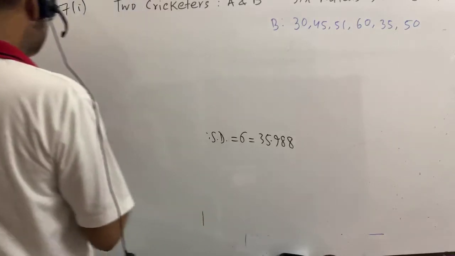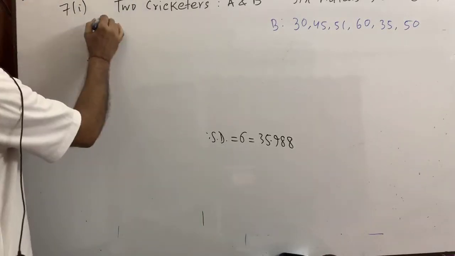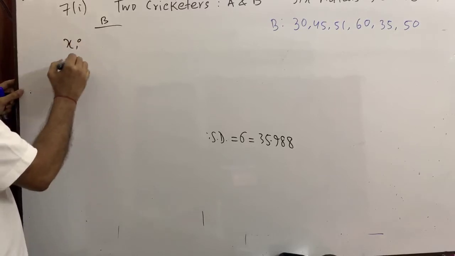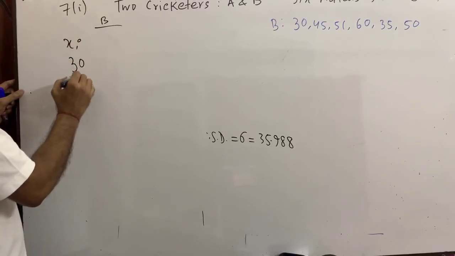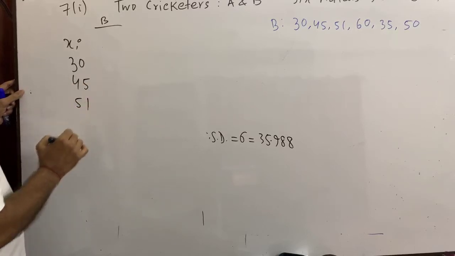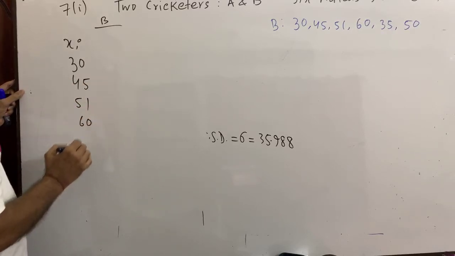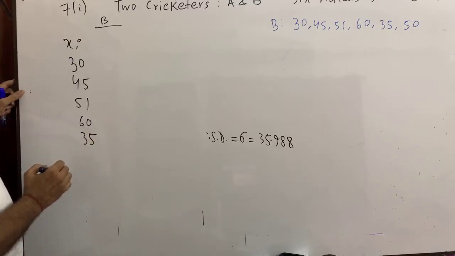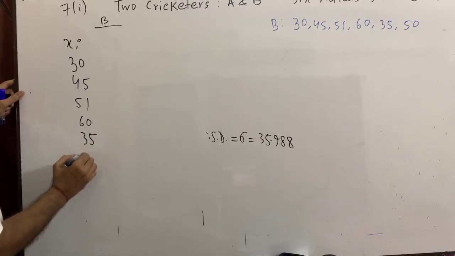Now for B, write down xi: 30, 45, 51, 60, 35, then 50.